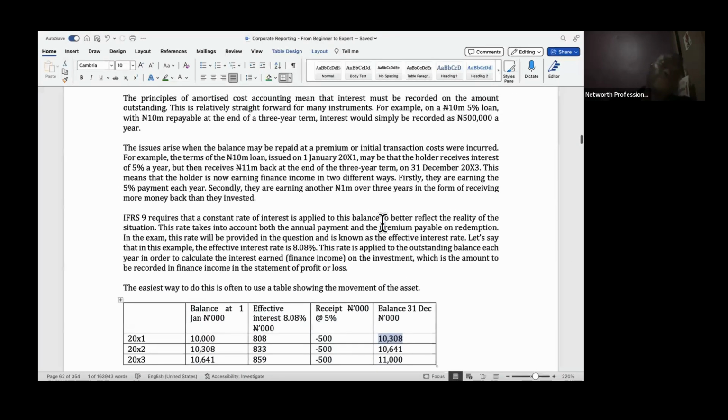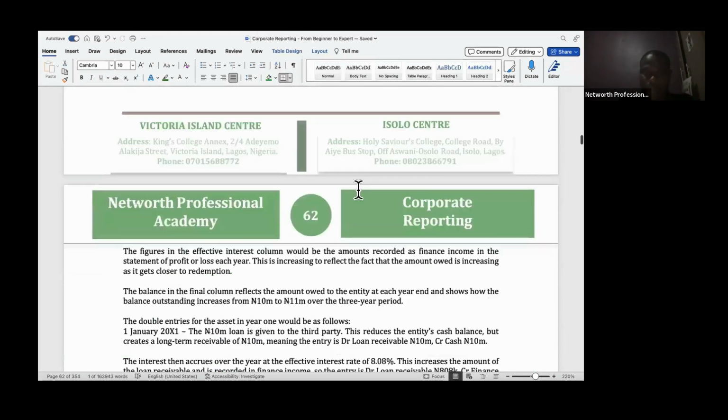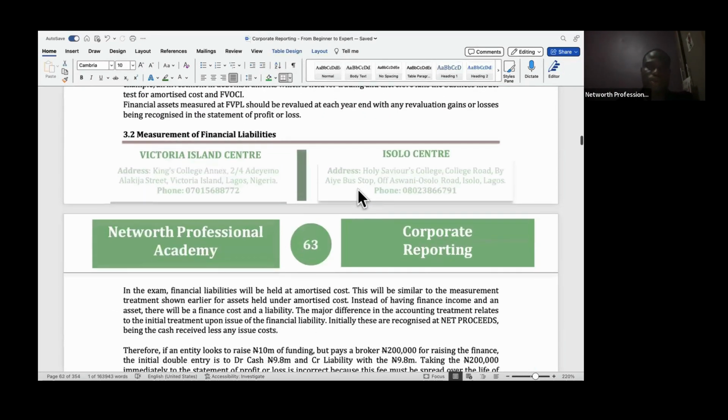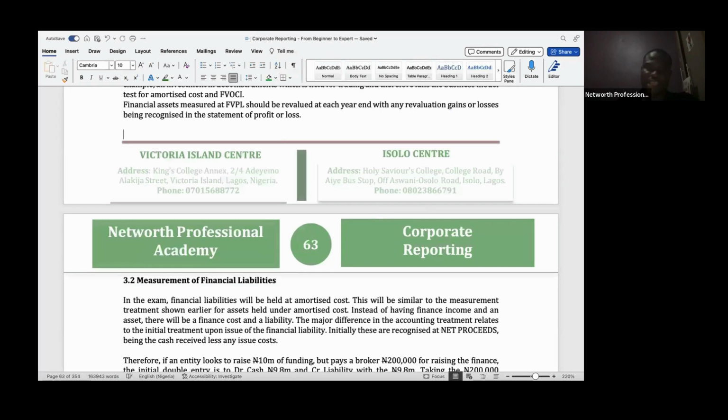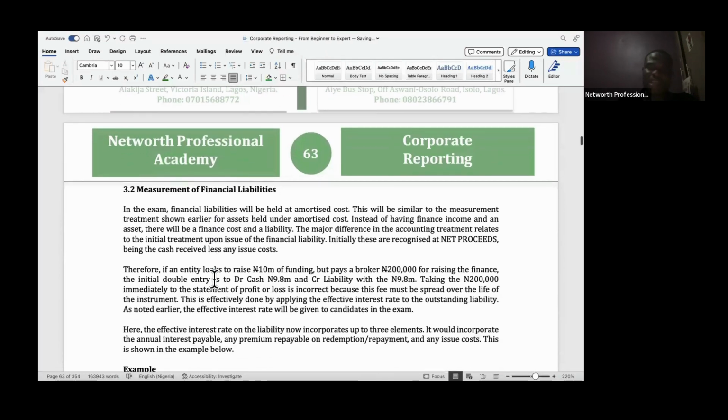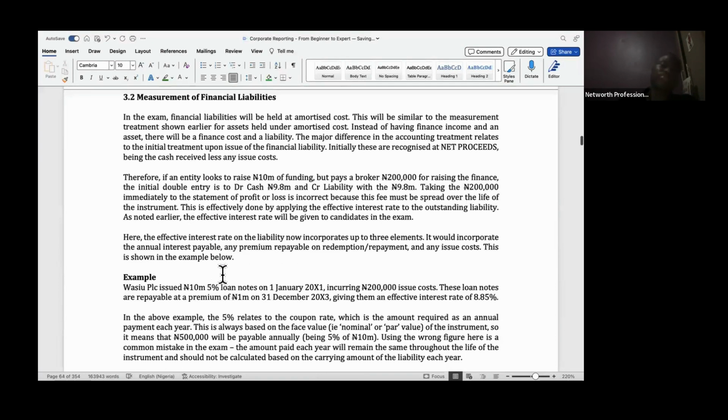So that is it for financial asset. And so let's go to financial liability. When we say financial liability, you know that means you are borrowing money.